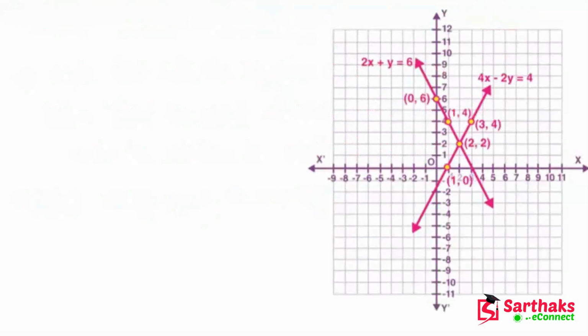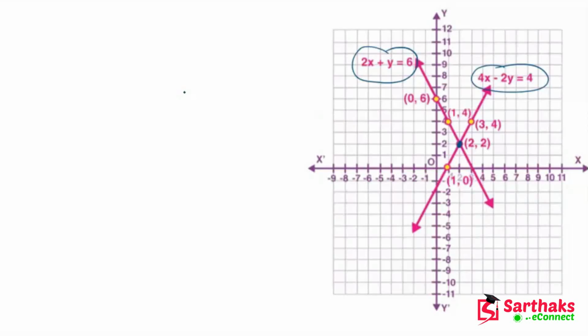This is a graph of these two equations. Our first equation is 2x plus y equals 6, and the second equation is 4x minus 2y equals 4. This is the representation of these two lines graphically, and this is the point of intersection. I hope you get this point.